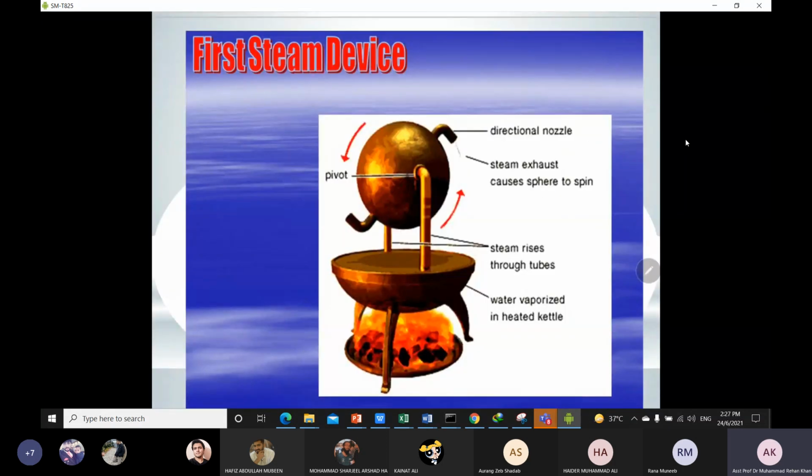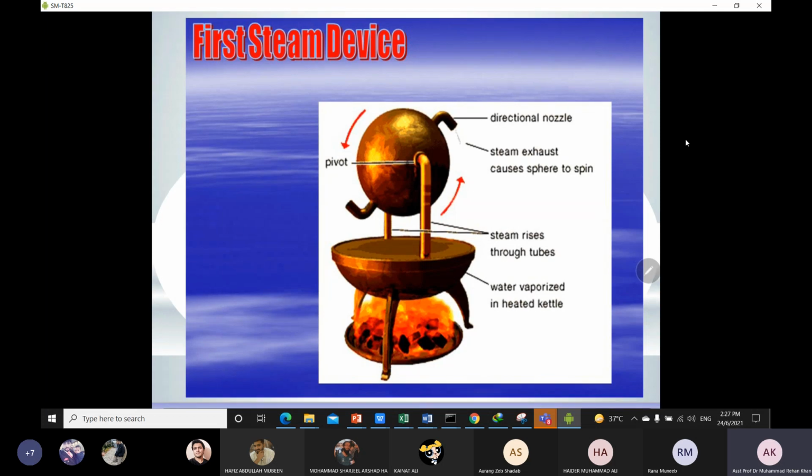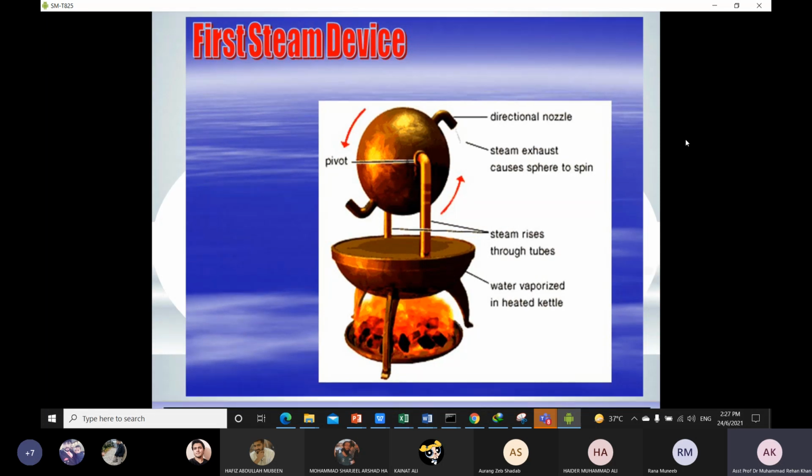Coming towards the reaction turbine, first we will see an example, a steam device, which is shown over there. This is basically the same principle on which the reaction turbine works. There is a sphere, and by burning coal we generate steam inside this sphere.